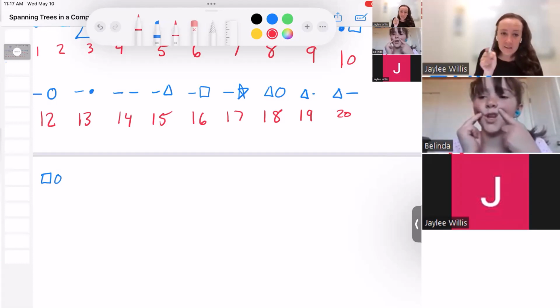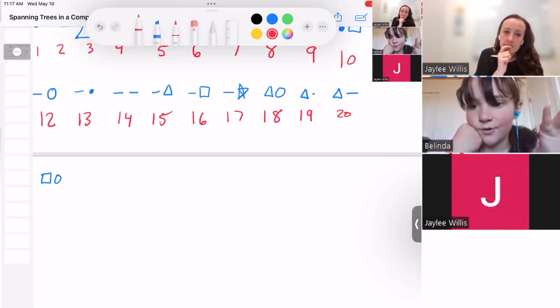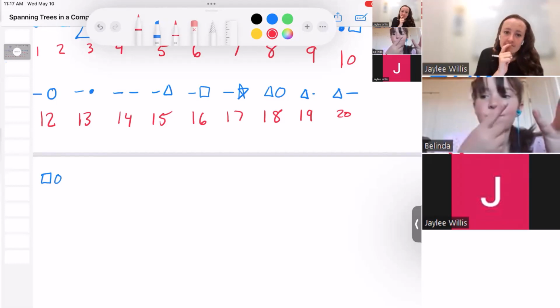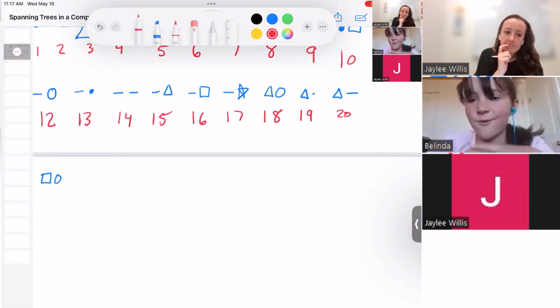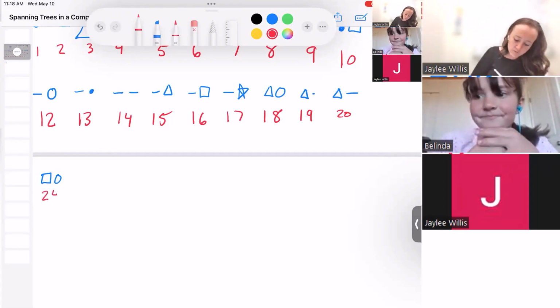The tri-T is 18, right? And then the one more finger you held up, how much does that represent? 19, 20, 21, 22, 23, 24. It's 24. Okay, perfect. So square T is equal to our 24.